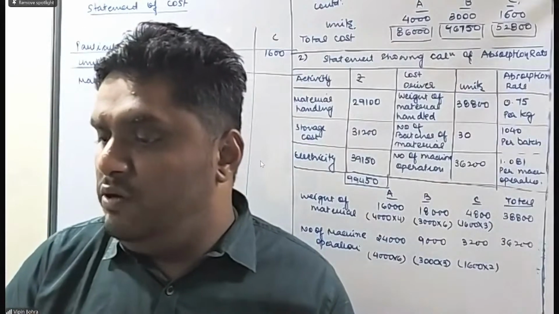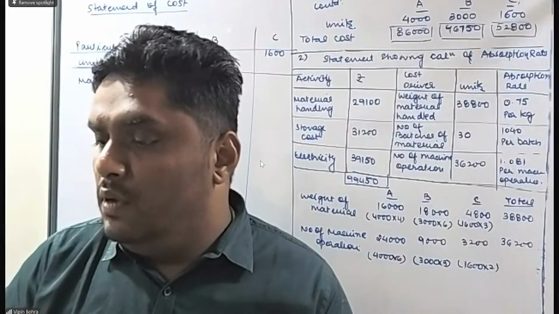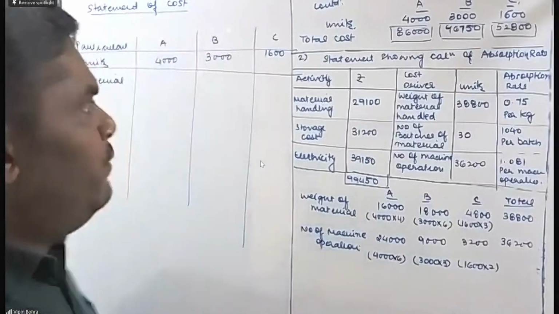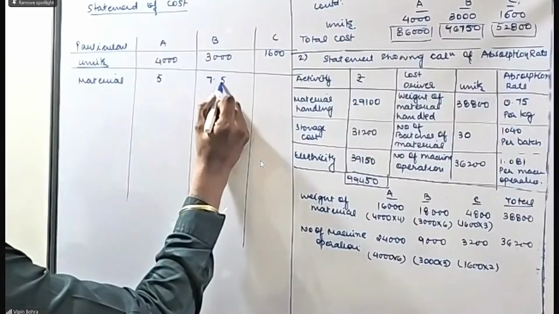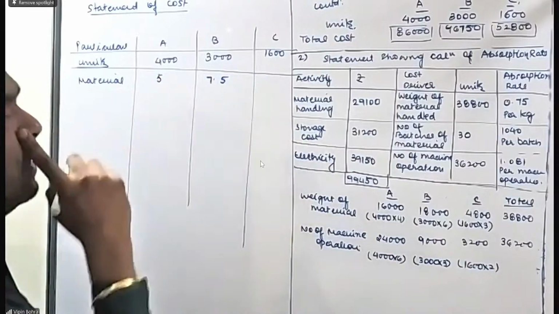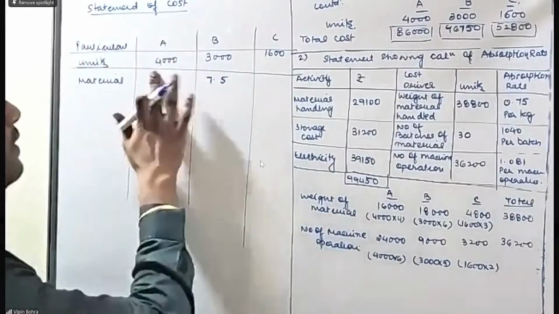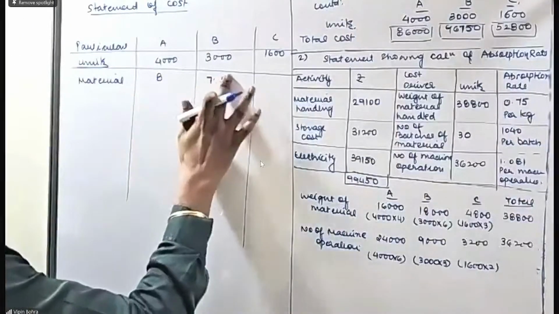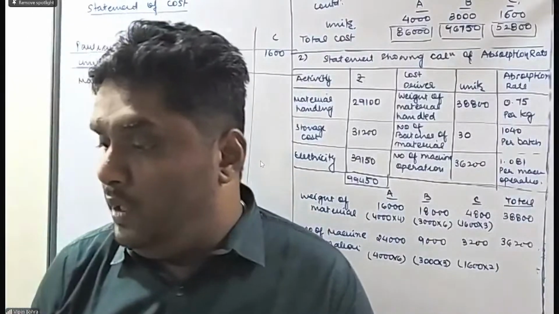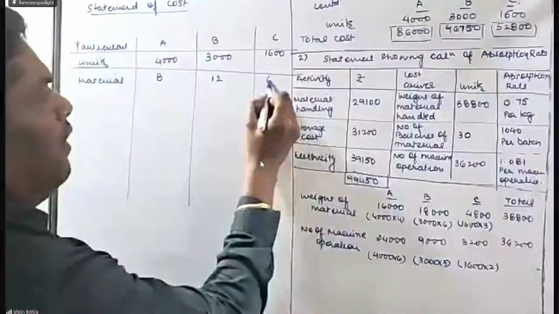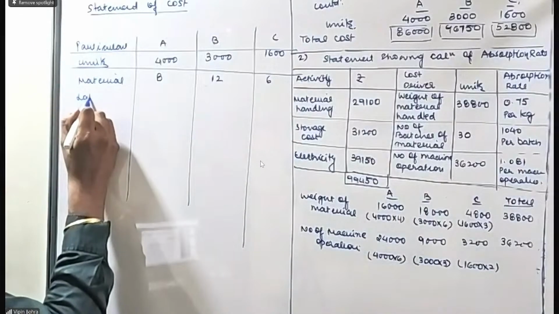One second, sorry, material cost is 8, 12 and 6. The rate we have already calculated using the traditional system.